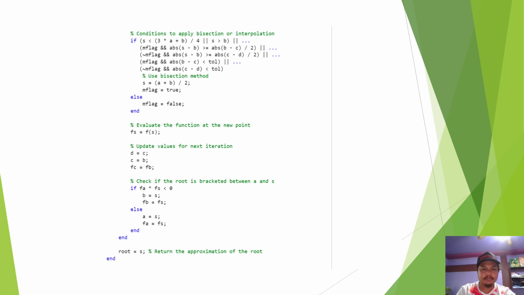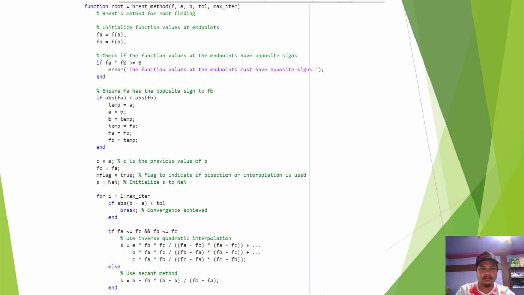Mao ni ang sumpay. So medyo taas-taas siya, kay naa man diri tong mga method, open method, quadratic interpolation, second method, para ito tong giingon ganyan para paspas o reliable ang pag-find sa root sa function.